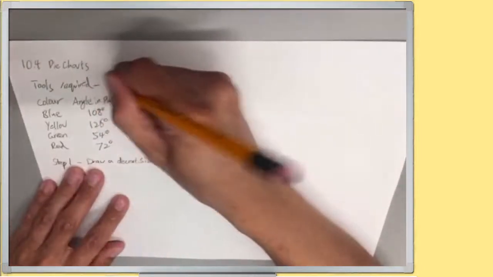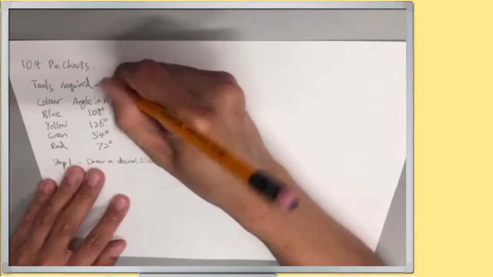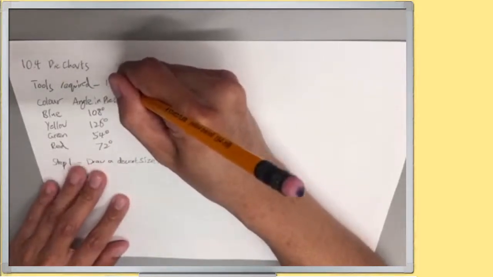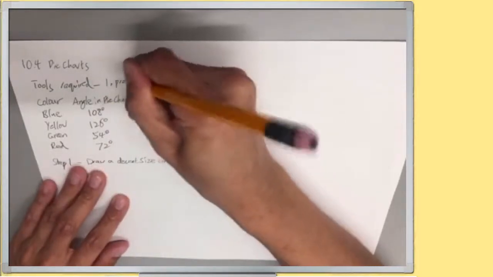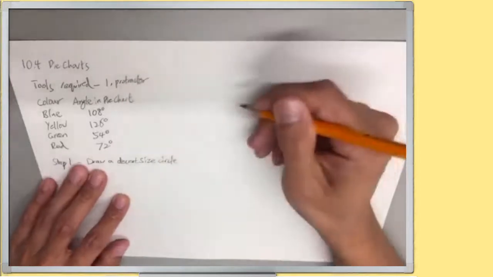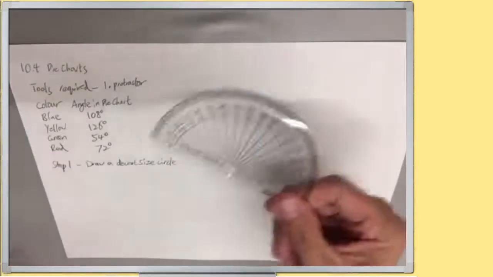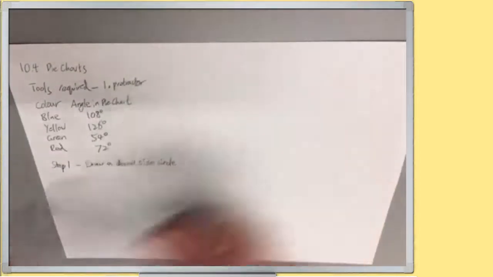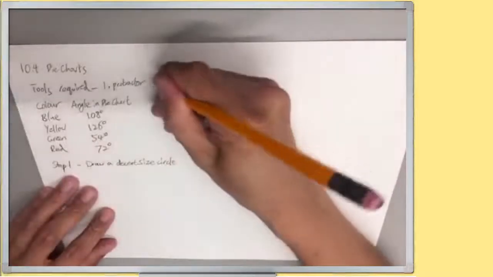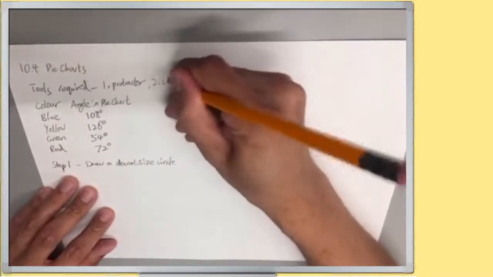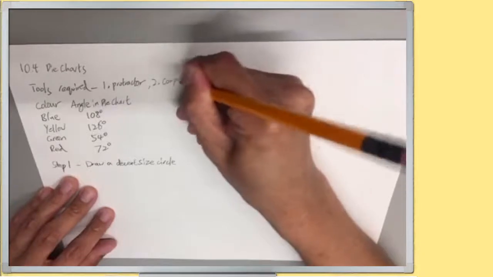One is you need a protractor for measuring the degrees. That's a protractor. And two is we need a compass. And the compass is for drawing a circle.